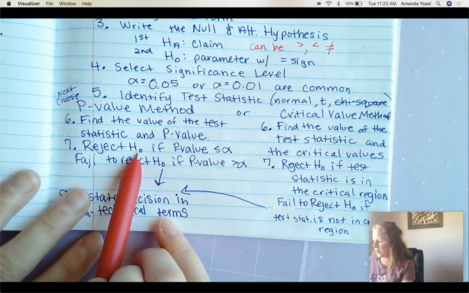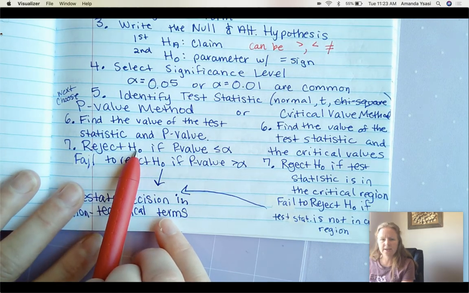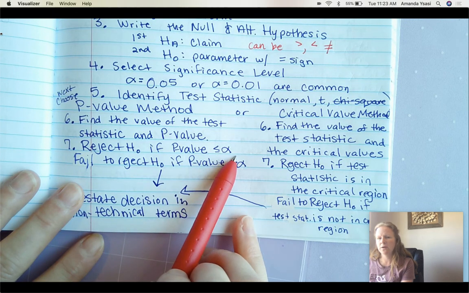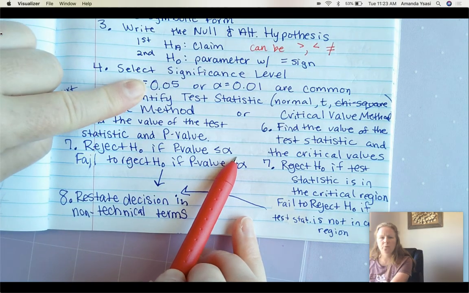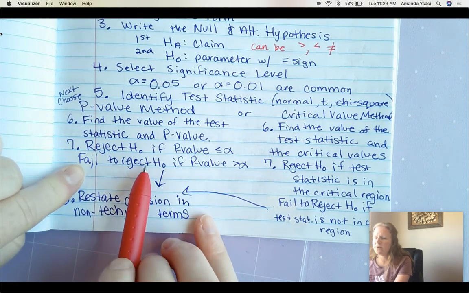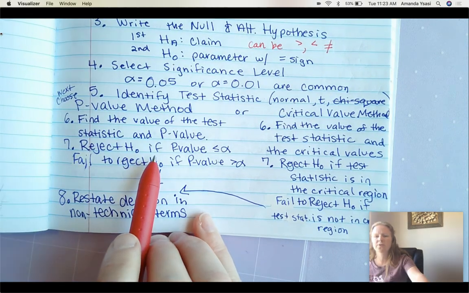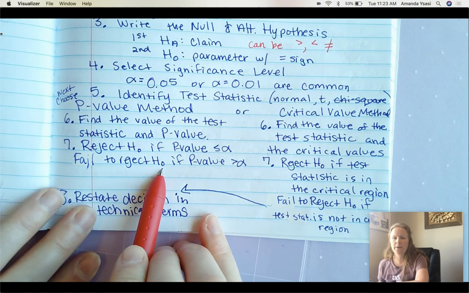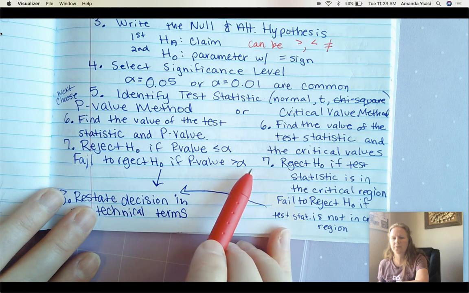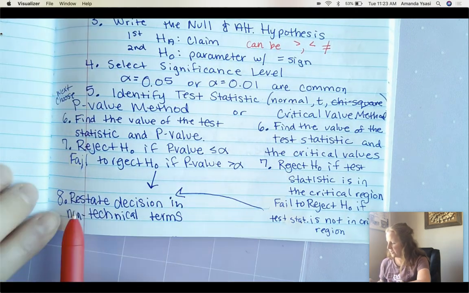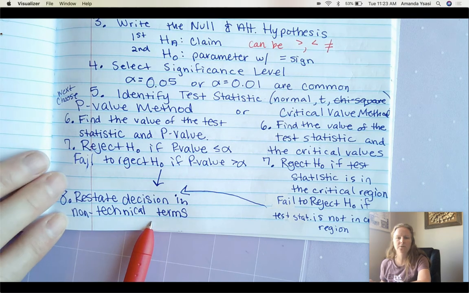Reject H0, or your H naught, if the p-value is less than your 0.05 or 0.01. Fail to reject. We don't say accept. We say fail to reject the null hypothesis if the p-value is greater than whatever your significance level is. And then you're going to restate in non-technical terms.